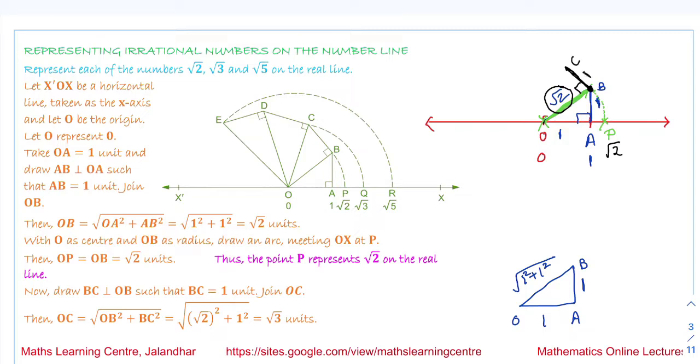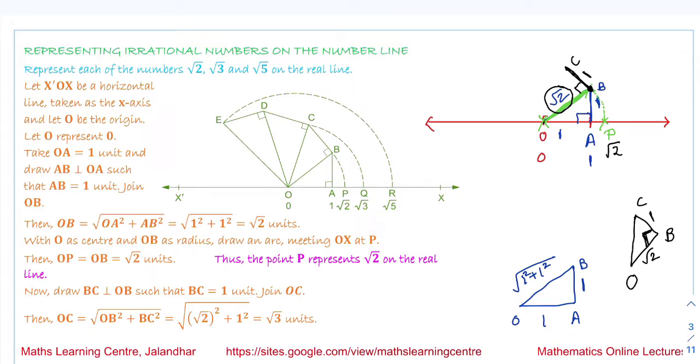The length of this perpendicular is again 1. So what we get is a triangle like this. This is the point O, this is the point B, this length is square root 2, this length is 1, and we are calling this point C. If I join OC, it is right angled here.